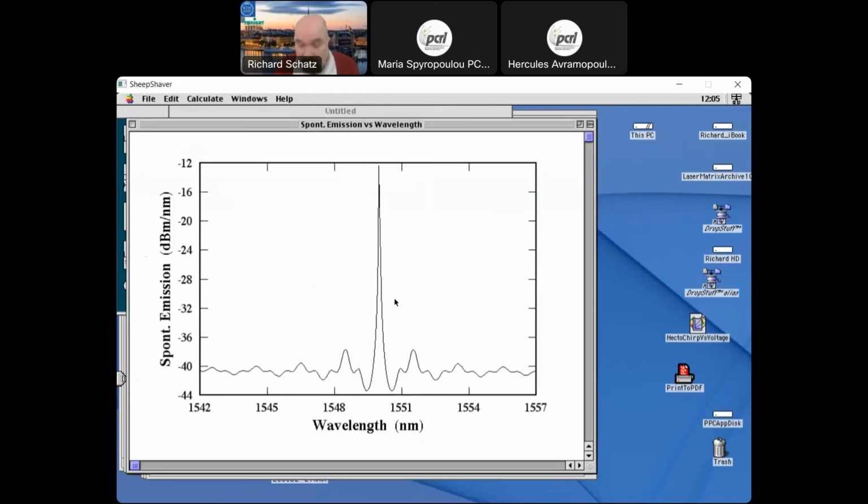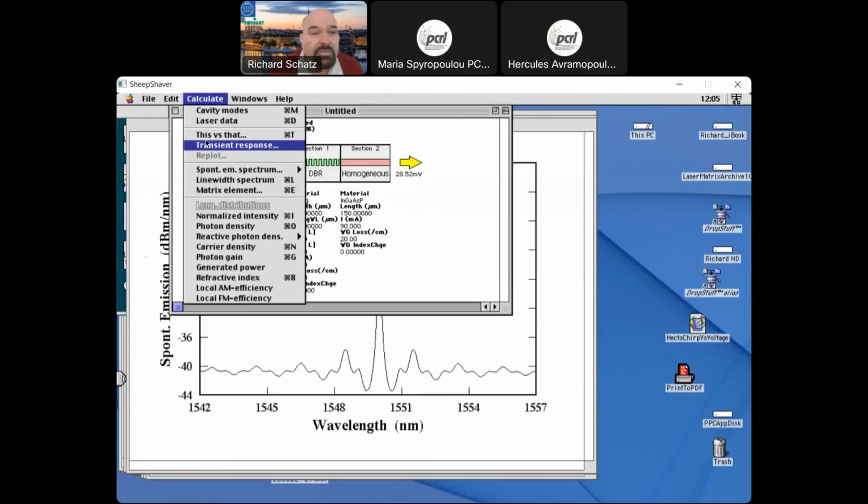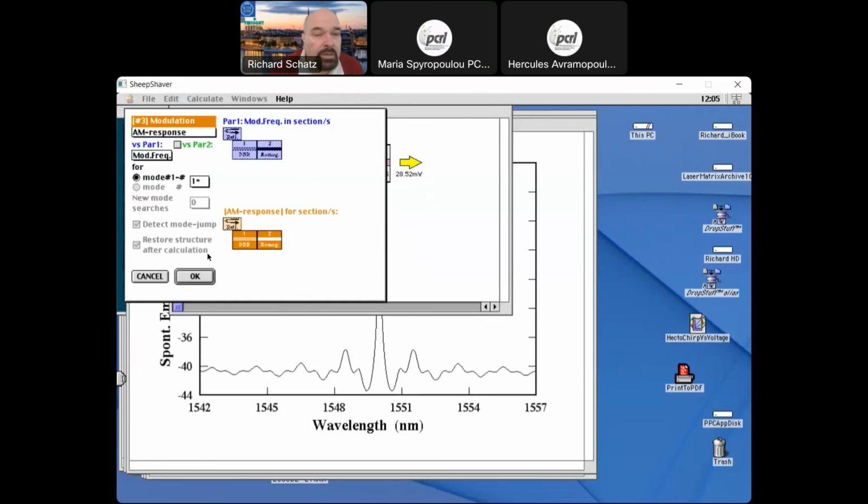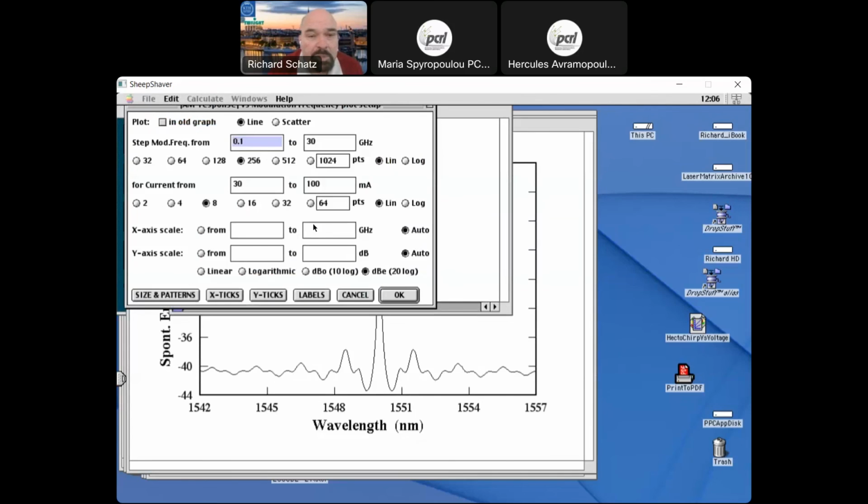Then we can calculate the modulation response of this. We take the modulation response as a function of bias in the active section first, and then I can include several modes just in case we have some side modes.